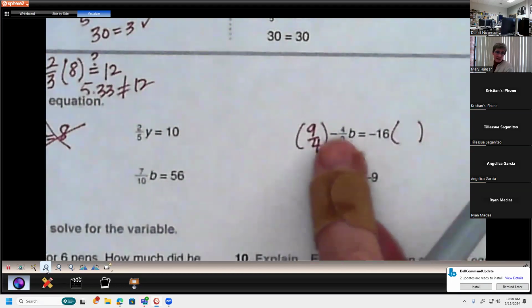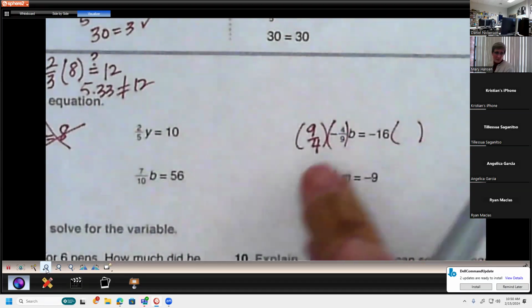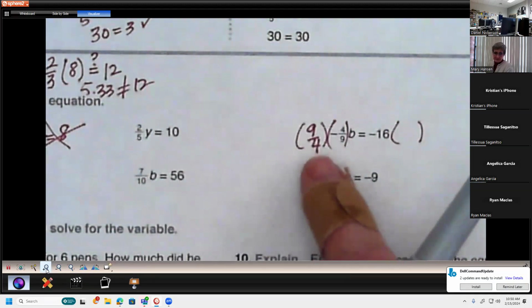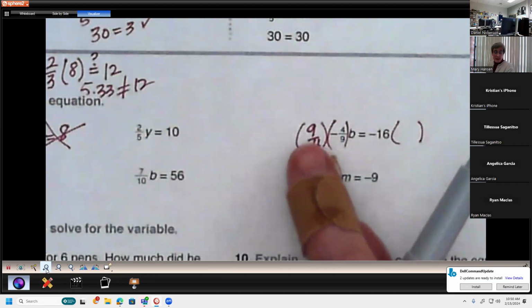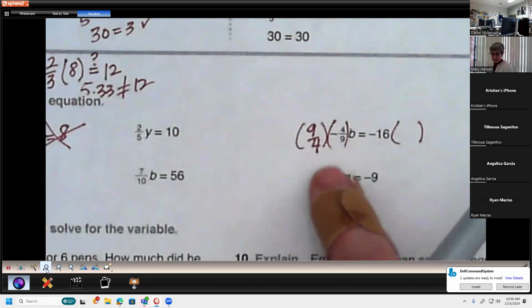Now the question is, this one is negative. So should I multiply by a positive 9/4 or a negative 9/4? Positive. If I multiply by positive, a positive times a negative is a negative.